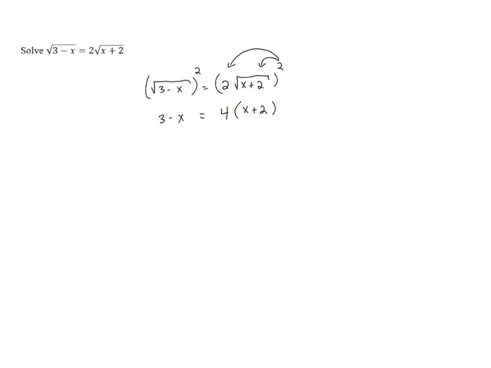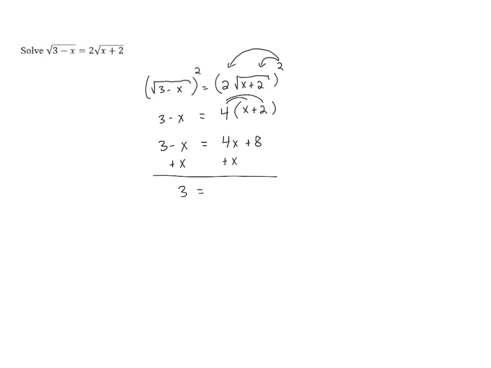Now that we've gotten rid of the radicals, we can solve this like any other linear equation. We need to distribute the 4 on the right-hand side. When we do that, we end up with 4x plus 8. And now we need to isolate x. We have x's on both sides of the equation, so we need to eliminate one. I'm going to eliminate the x on the left by adding x to both sides.